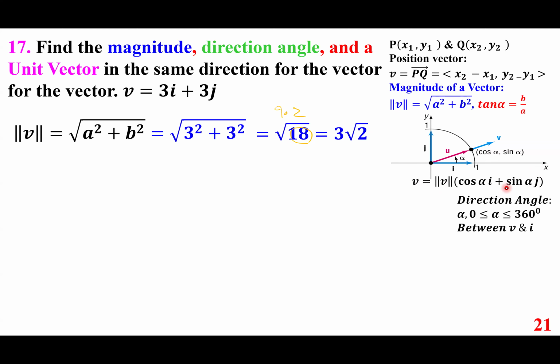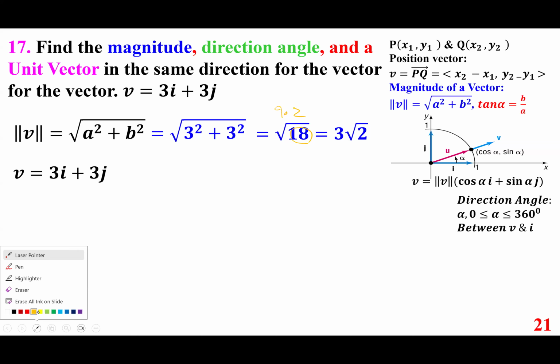Having said that, we need to find alpha, and to do so, as before, tan of alpha is b over a. The vector is ai plus bj, and a and b happen to be identical.